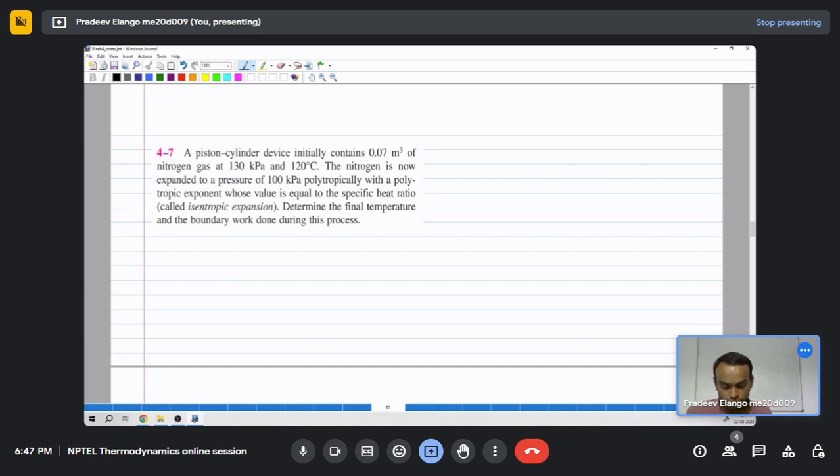So we know P1 is 130 kilopascal, T1 is 120 degrees Celsius, and in terms of Kelvin it is 393 Kelvin, and V1 is 0.07 meter cube, and it is expanded to a second pressure of 100 kilopascal.